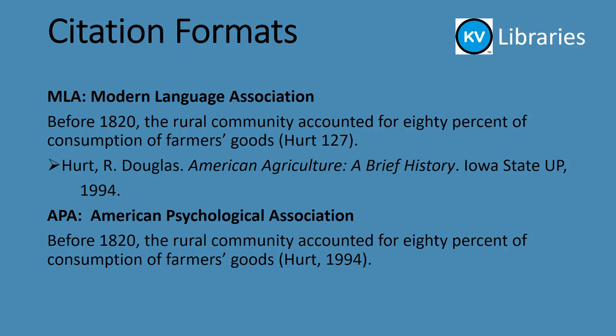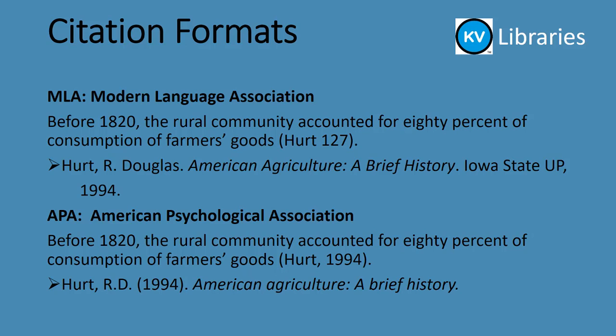The corresponding entry on the sources page is also similar but different, including the author's last name with initials instead of first name, year of publication in parentheses followed by a period, title of the book also in italics, but only the first letter and proper nouns are capitalized, followed by another period, then the city where the book was published, followed by a colon, and finally the publisher name and a period. Notice that both formats use parenthetical citation, in-text citations within parentheses, rather than numbered footnotes or endnotes which may be used in some other formats.